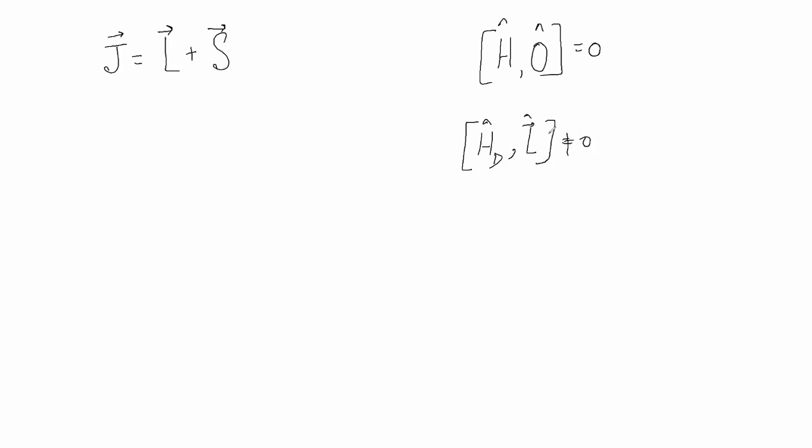This does not commute with the angular momentum operator. Therefore, he tried to add a quantity such that this Hamiltonian commutes with the given operator O, and that operator he called the complete operator.